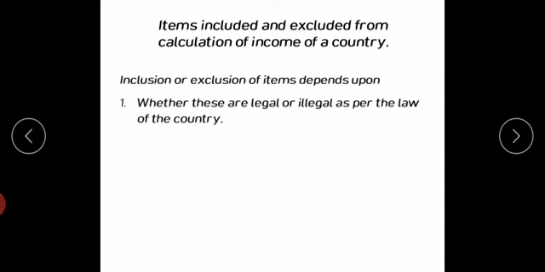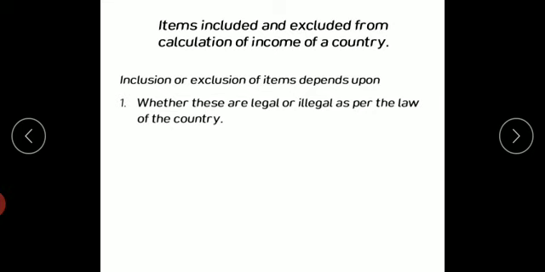The first one is that whatever variable is given to you, try to understand whether these are legal or illegal activities as per the law of the country. Always remember, if any person is getting money through any illegal activity, like kidnapping, robbery, any kind of ransom money, black marketing, smuggling, these types of activities generate a huge amount of money for the people involved in them.